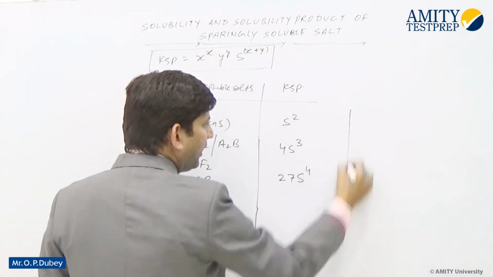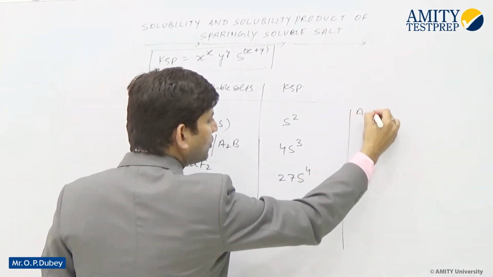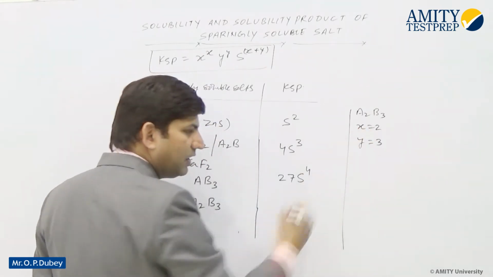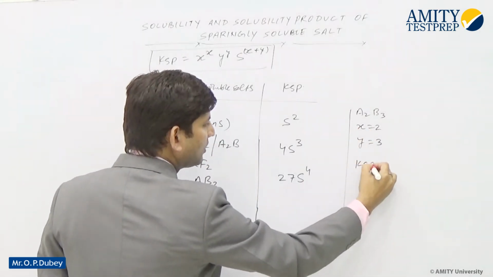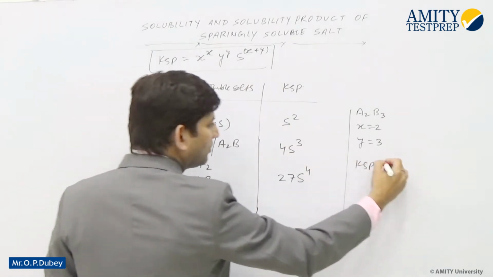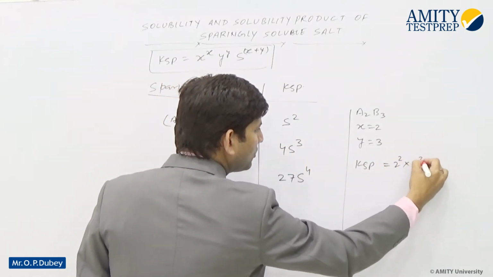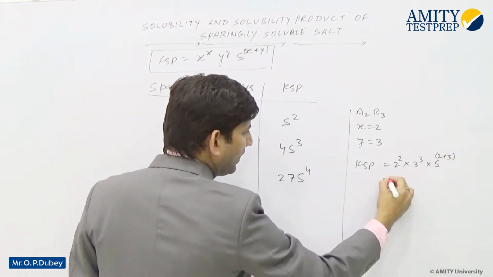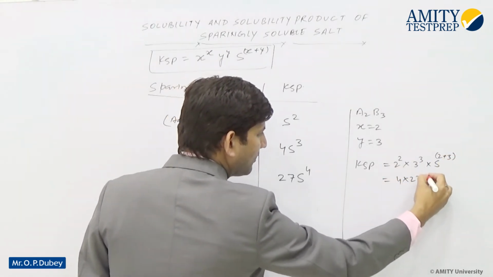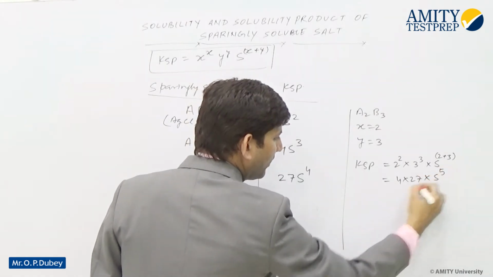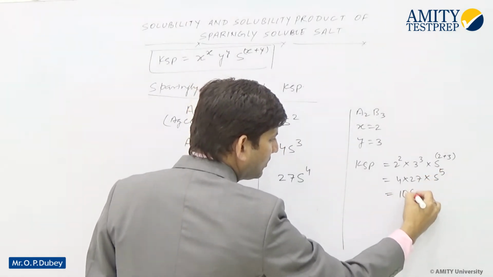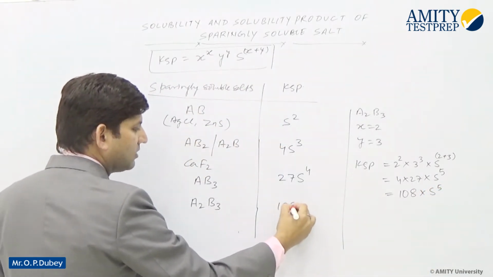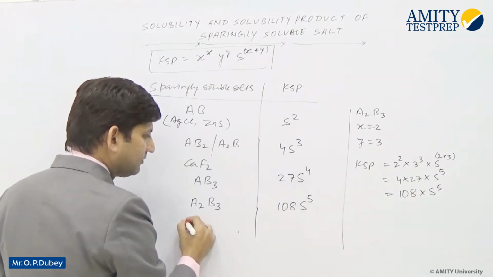In this case x is equal to 2 and y is equal to 3. Therefore, Ksp is equal to 2 squared times 3 cubed times S raised to the power 2 plus 3, which is 5. That is 4 multiplied by 27 multiplied by S to the power 5, which is equal to 108 S raised to the power 5.